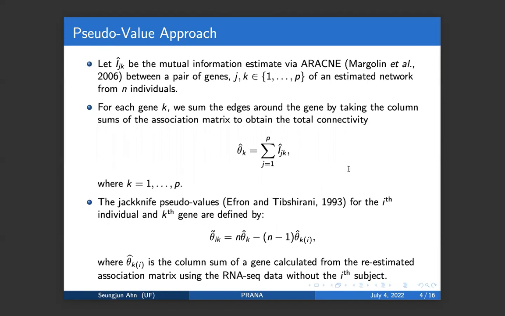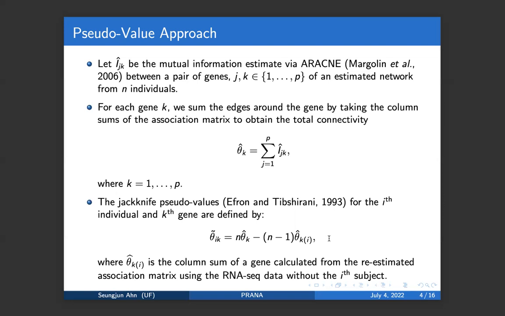The main idea of this slide is that we focus on the total connectivity, which is one of the characteristics of a network, which is simply the column sums of the association matrix using the RNA-seq data, which is denoted as theta hat or theta K hat, which is the total connectivity for gene K. And similarly, we go ahead and compute theta K parentheses i hat, which is the column sum of gene K calculated from the re-estimated association matrix using the same RNA-seq data, but now without the ith subject.